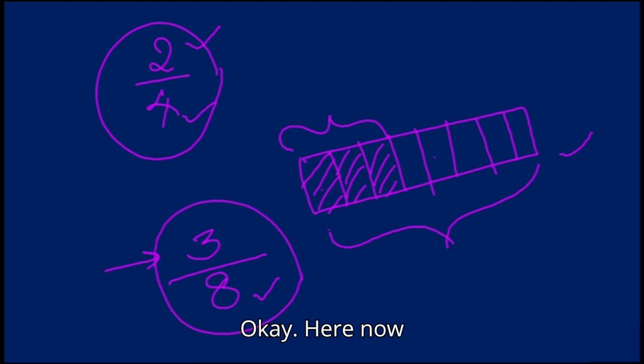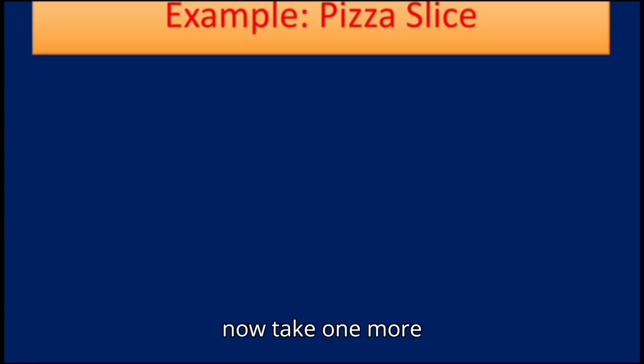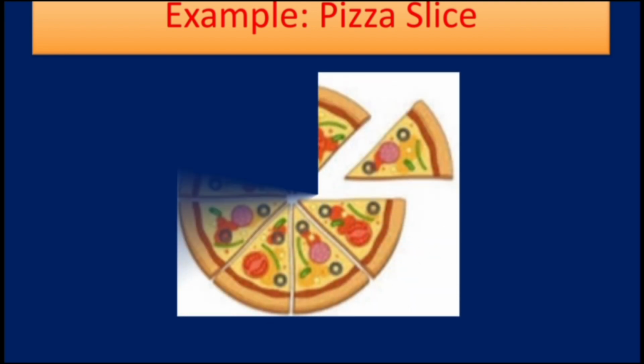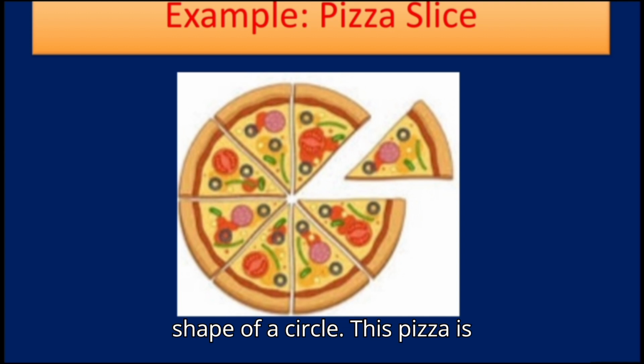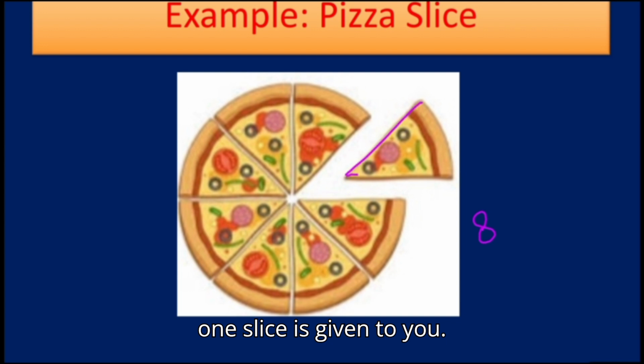Now take one more example. See here, it is a pizza in the shape of a circle. This pizza is divided into 8 slices. Totally 8 slices are there. This one slice is given to you.